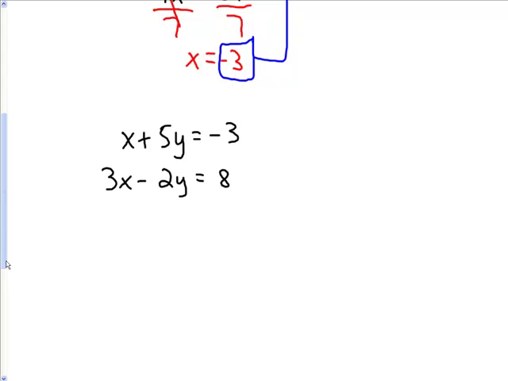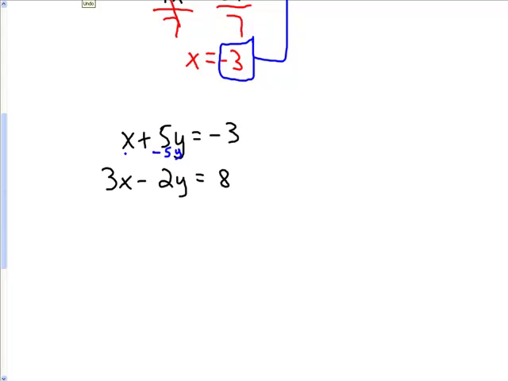But if I look at this first equation, I see I've got x out here all by itself. So if I can isolate x, in other words, if I can rearrange this equation in terms of x, then I have an expression for x that I could substitute into the second equation. And the way I want to do that is by getting rid of this 5y.